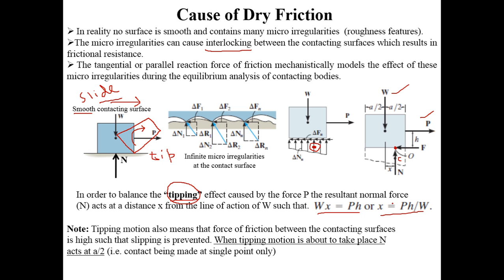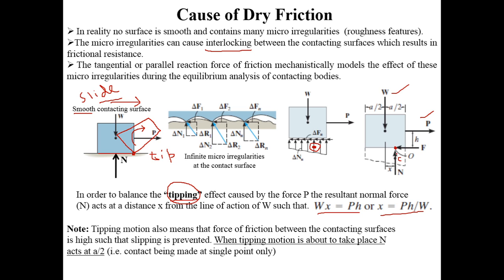So you see why I'm saying this, because as soon as the body is about to tip over, all these points of contact are no longer valid. The body is no longer making contact with the ground except at just one point, which is at a distance A by 2.